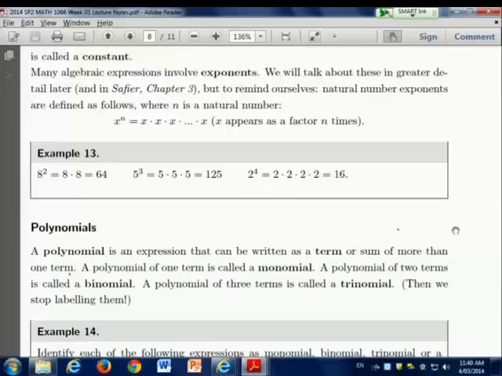That's saying 2 appears as a factor 4 times. We work out 2 to the 4 by actually computing 2 times 2 times 2 times 2, and that gives us 16. Other examples, 5 appearing as a factor 3 times, 5 times 5 times 5, so you get 25 times 5 is 125.